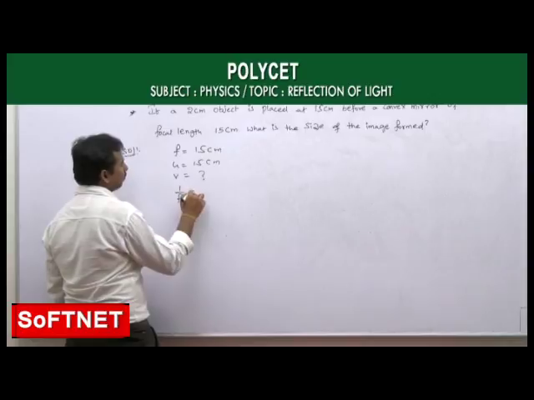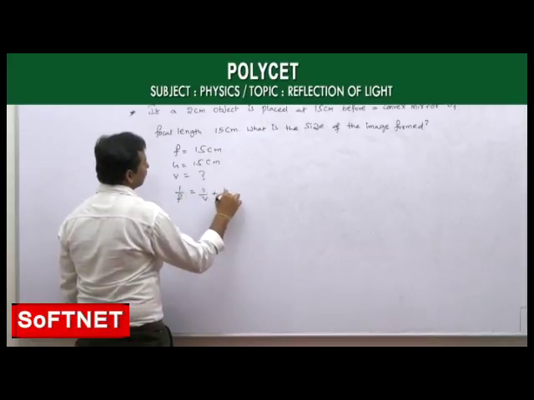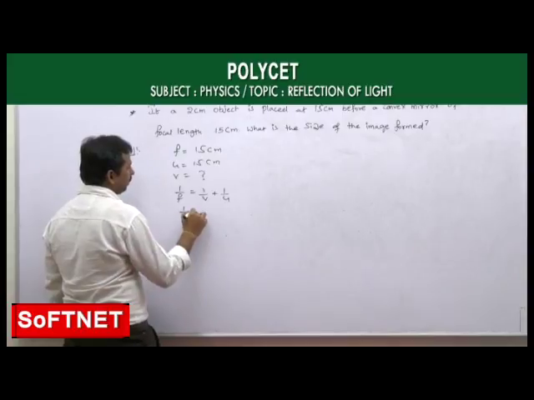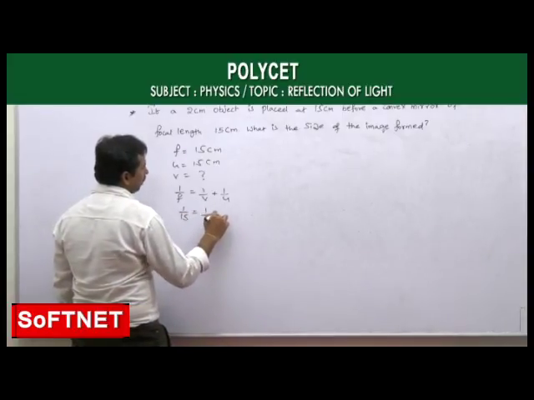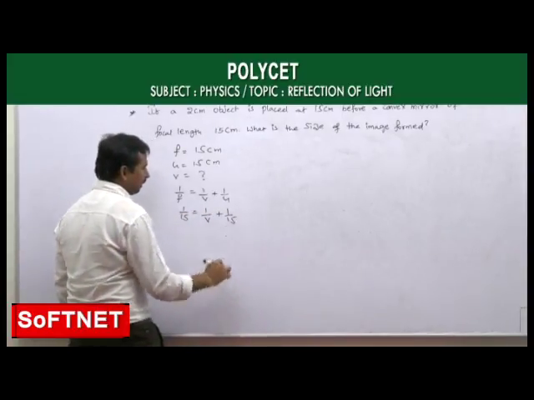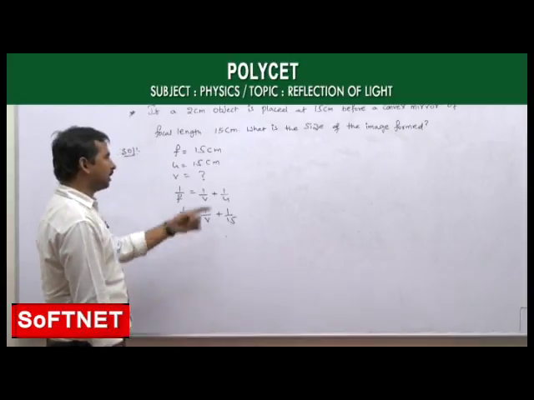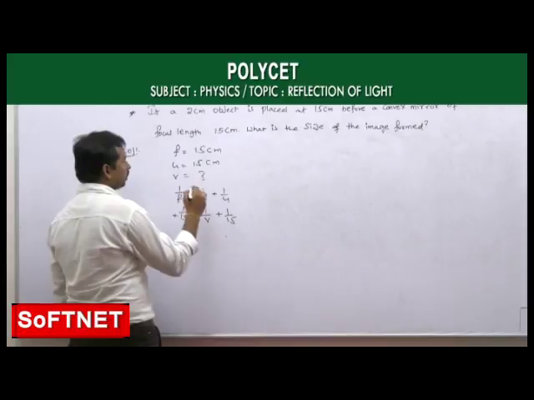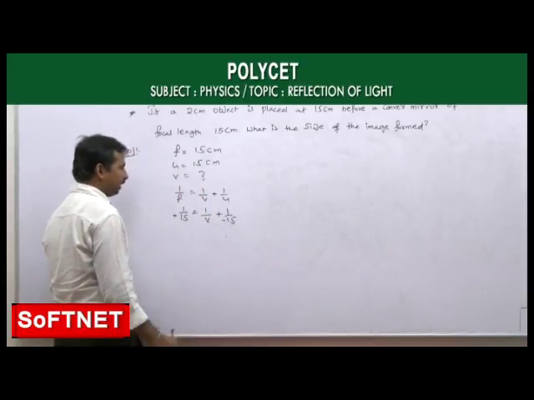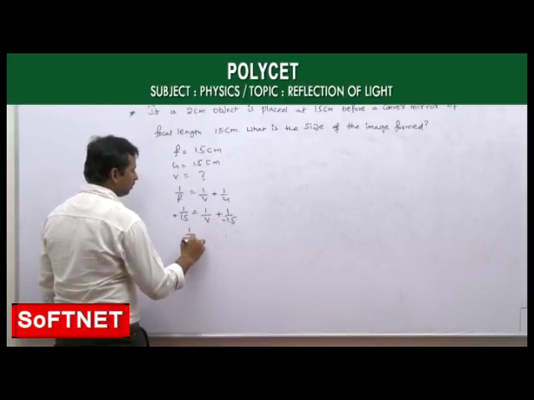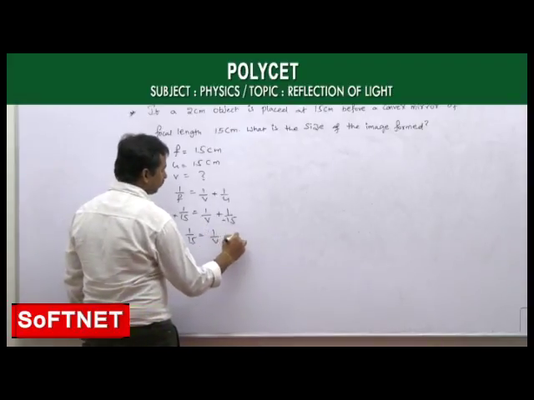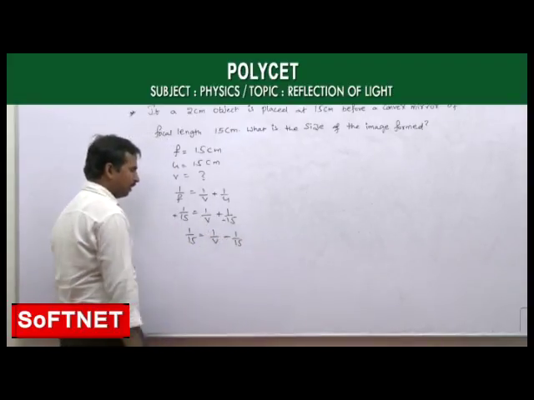Then 1 by f is equal to 1 by v plus 1 by u. Focal length is already given as 15, v we don't know, and u is 15. If you apply the sign convention, as it is a convex mirror, focal length is positive, whereas object distance we have to take as negative. Then 1 by 15 is equal to 1 by v, and plus into minus becomes minus 1 by 15.